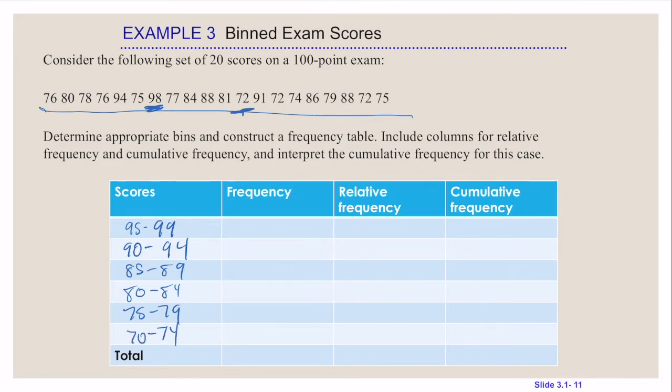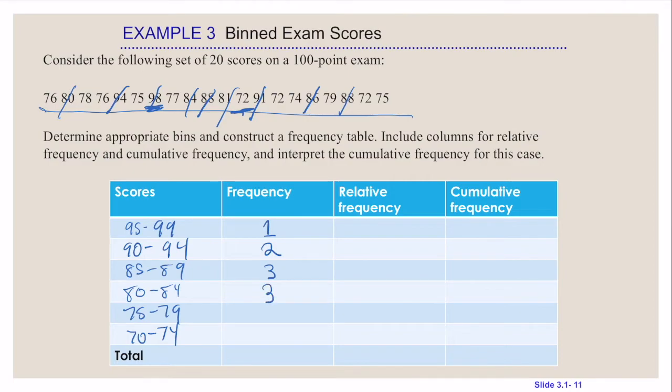Now I can look for the frequency at which these occur. So 95 to 99, that's going to be 1. That's it. I've got 1 exam grade in that range. Then from 90 to 94, I've got 1, 2. That's it, just 2. 85 to 89, I've got 1, 2, 3. 80 to 84, I've got 1, 2, 3, again just 3.